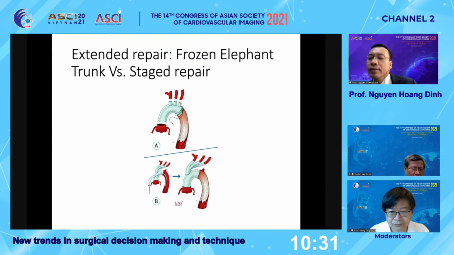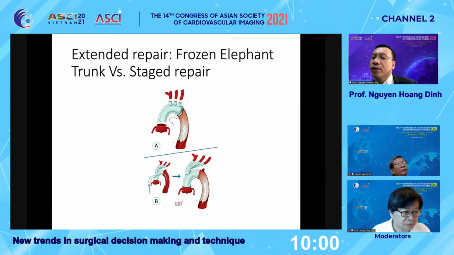A little explanation here. The frozen stented elephant trunk technique is a single piece combining a stent graft and a branched Dacron graft. The stent graft is deployed antegrade through the open arch during hypothermic circulatory arrest at the same operation, the index operation. And the staged repair is usually a zone 2 hybrid arch with staged endograft insertion.